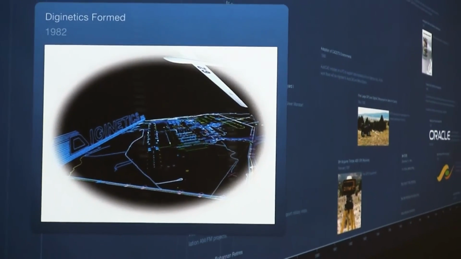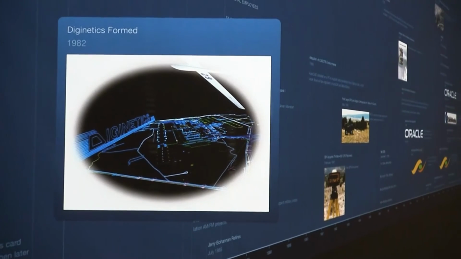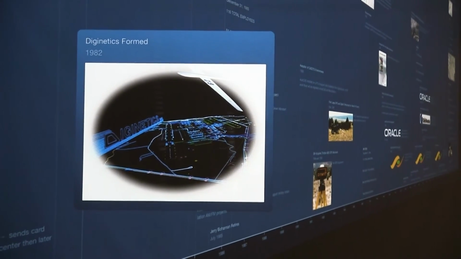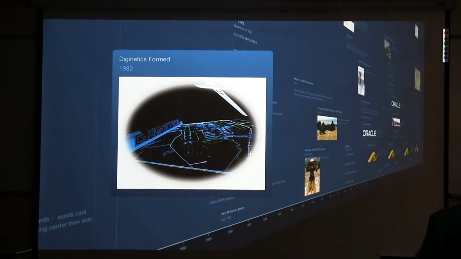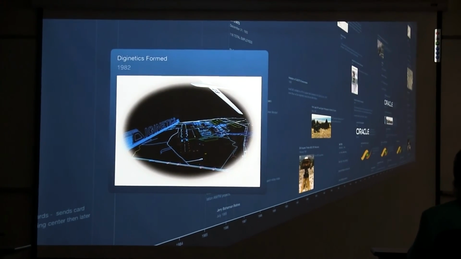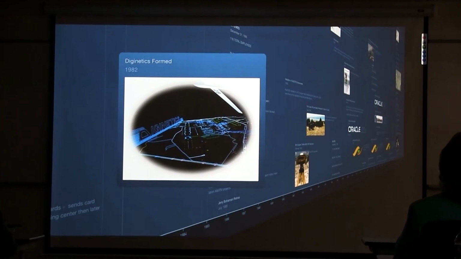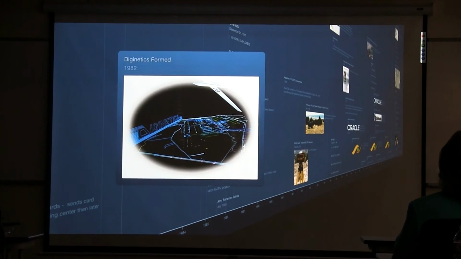And in 1982, we formed Digenetics, and shortly thereafter we started building the foundation of our computer technology and the way we were going to do our work.